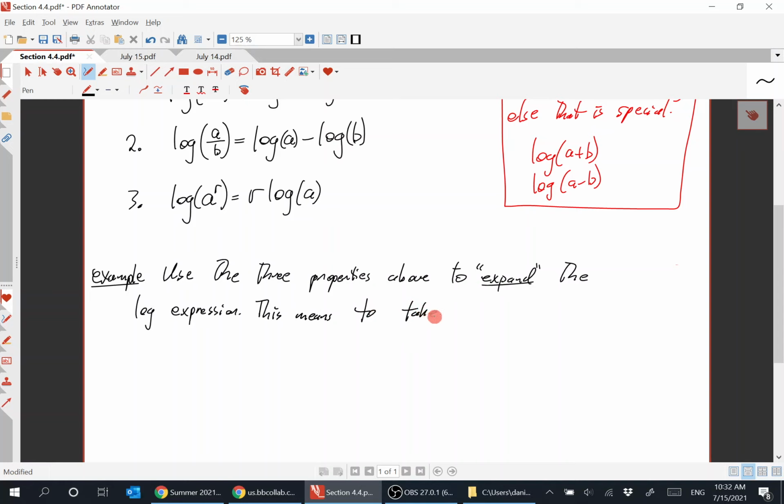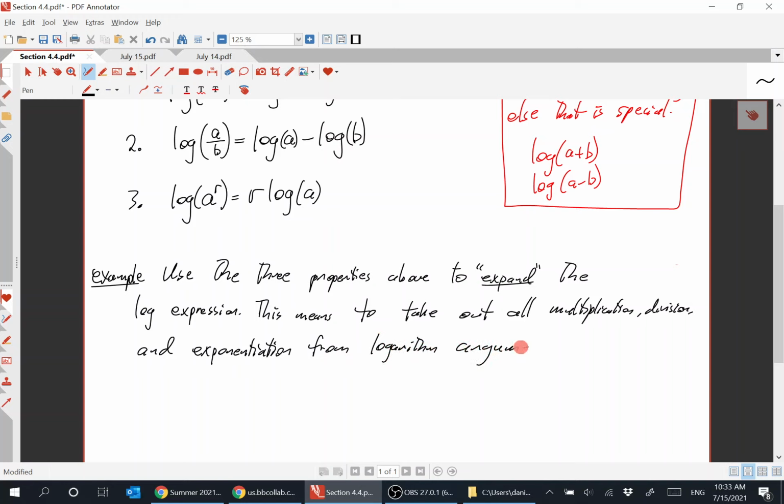To take out all multiplication, division, and exponentiation from within the arguments of logarithms.